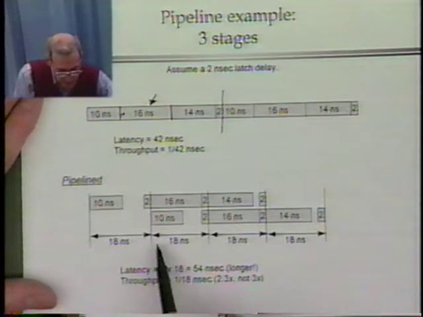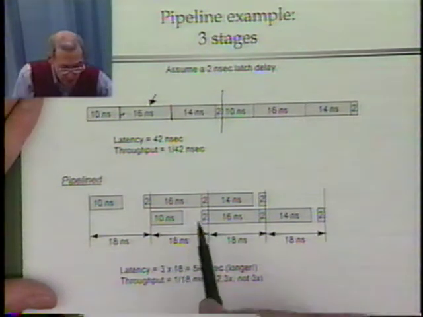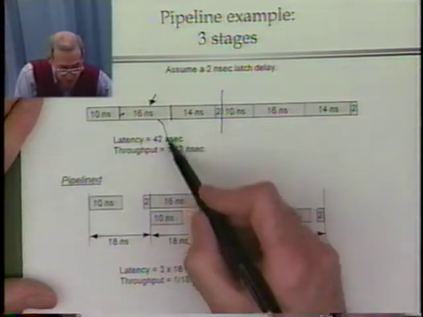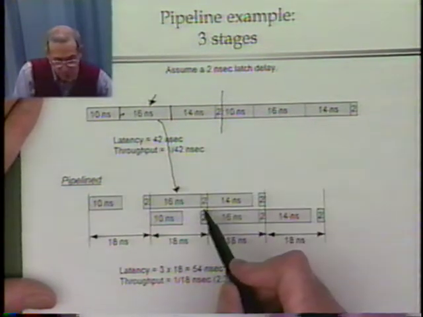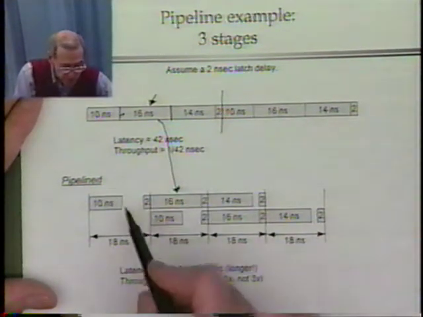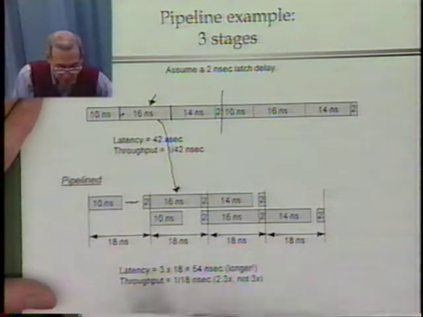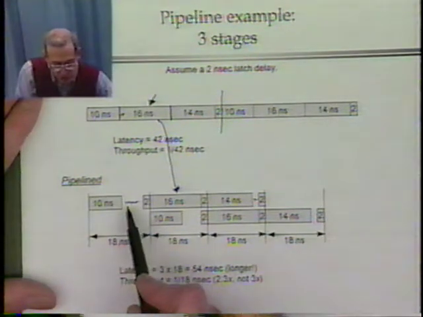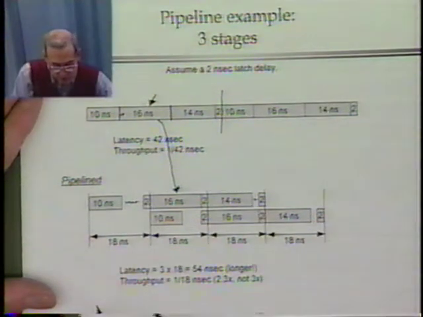So our basic pipeline cycle is 18 nanoseconds. The only one that fills that stage completely is the 16 nanosecond segment, which takes all 16 nanoseconds plus 2 nanoseconds for the latch. And the others have a gap, and that gap is wasted space. This is instruction number 1, which has a medium-sized gap in the first stage and a small gap in the last stage.